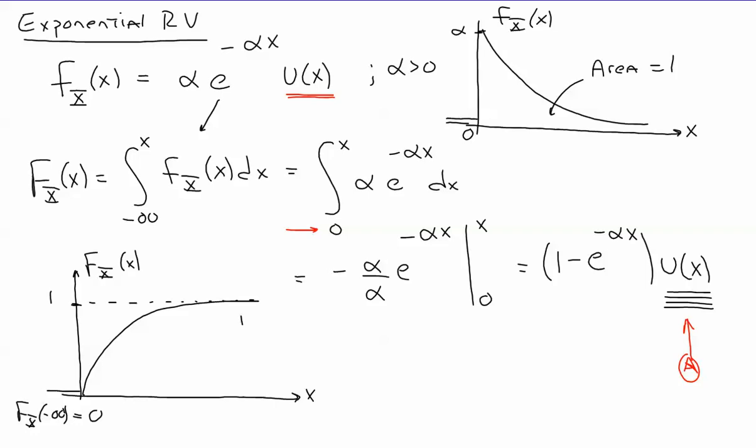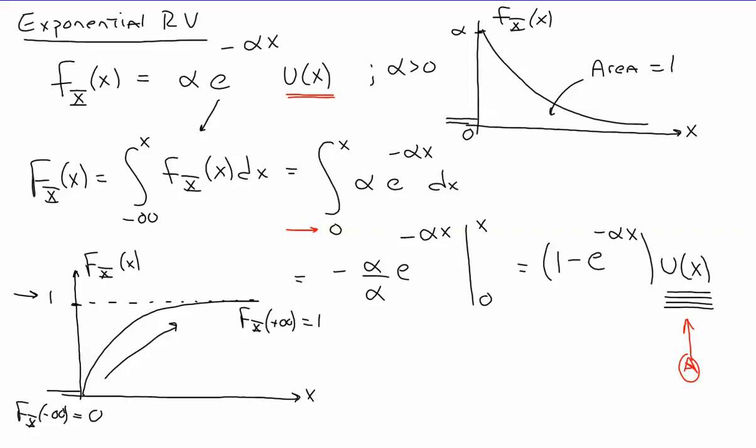At plus infinity it equals 1, as it's supposed to. It peaks out at 1, and it's an always non-decreasing function. The cumulative distribution function never decreases as a function of its argument, so it obeys all the proper properties. So, that's all I wanted to say today about the exponential random variable.